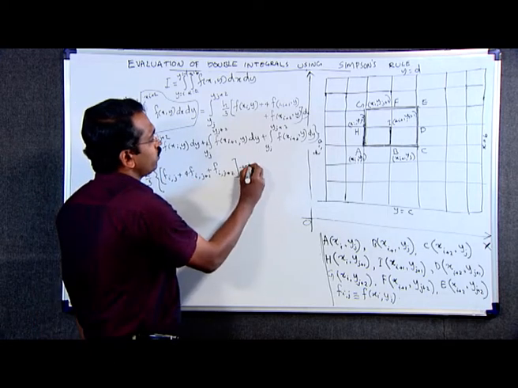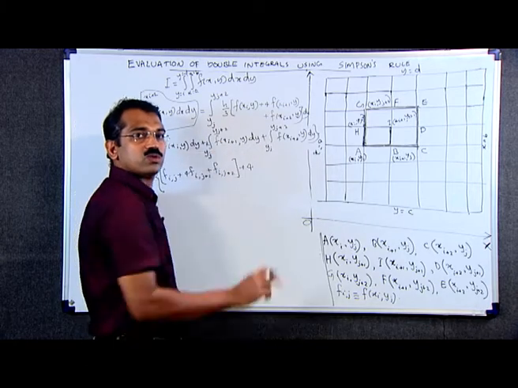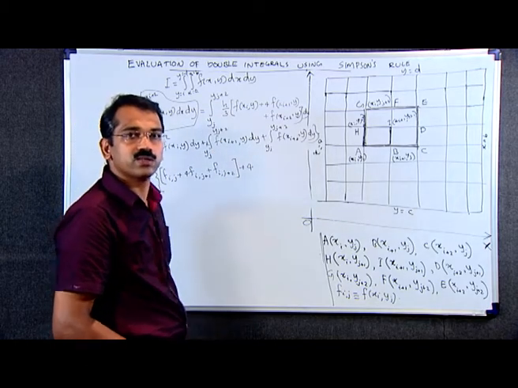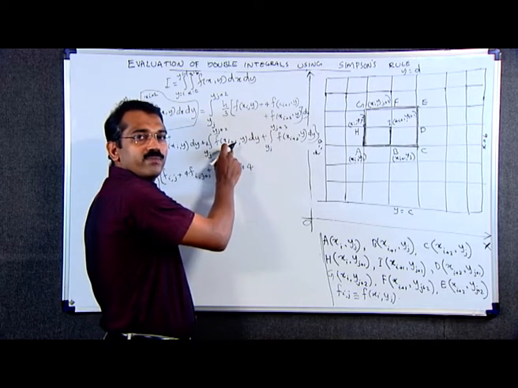Plus 4 into the value of this integral by using Simpson's 1/3 rule, which can be written as f of xi plus 1 comma yj.